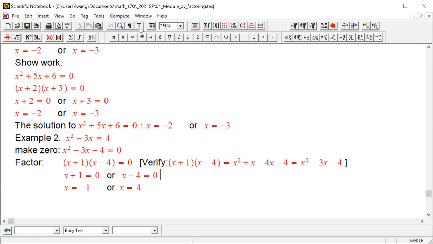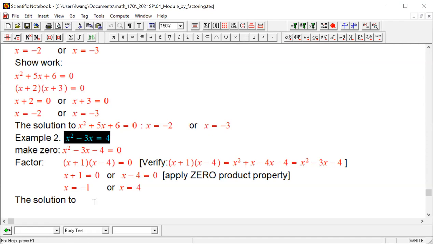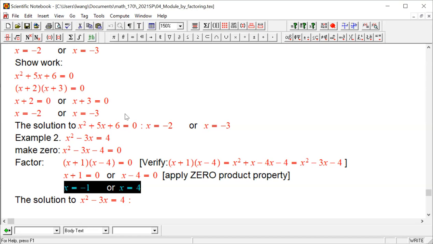So here we apply the zero product property, and the solution to the equation would be x equals -1 or x equals +4.